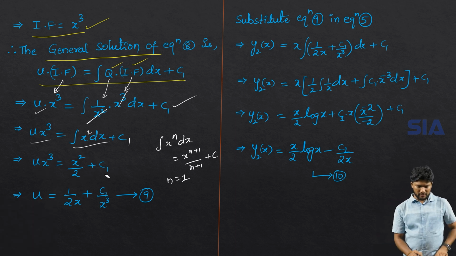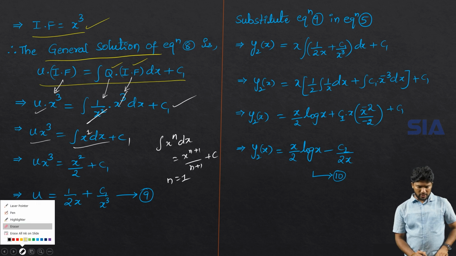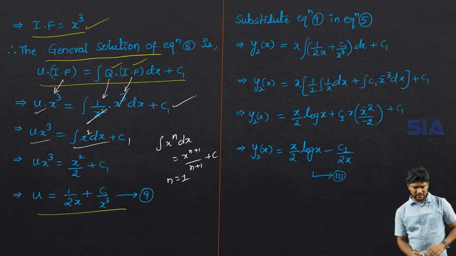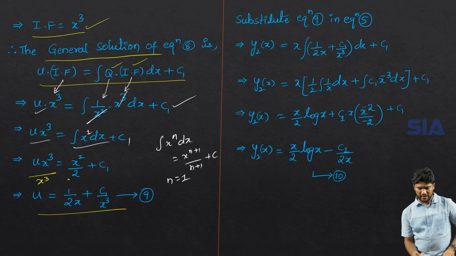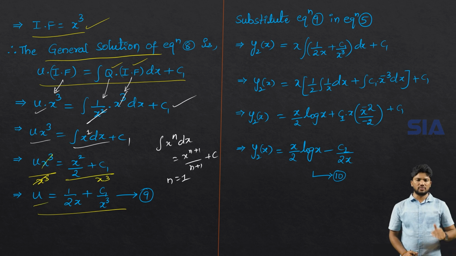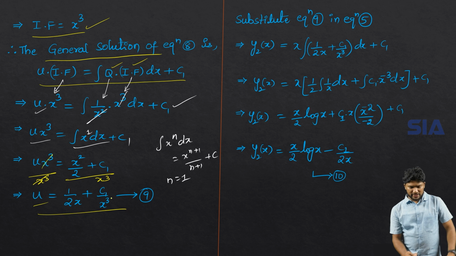Then x cube will get cancelled, and u is equal to 1 by 2x plus c1 by x cube. That is taken as equation number 9.